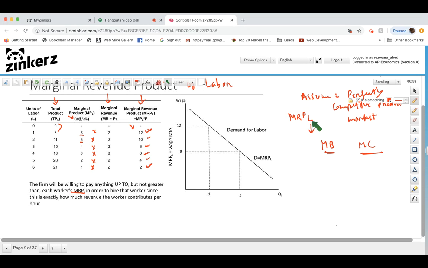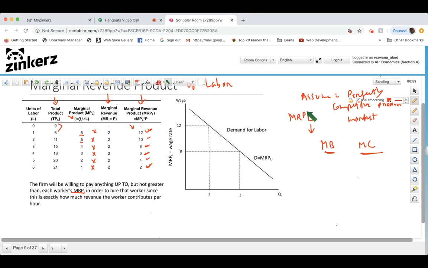So for them, it makes sense that they're trying to figure out how much each additional worker adds to my total revenue. The question of comparing these two, and how they determine where their profit is going to be maximized, is going to come later.